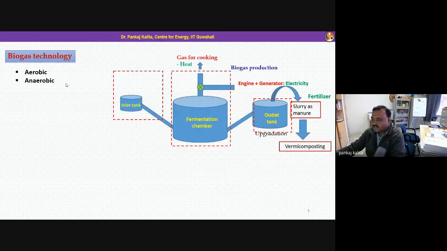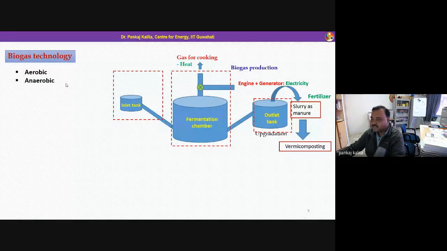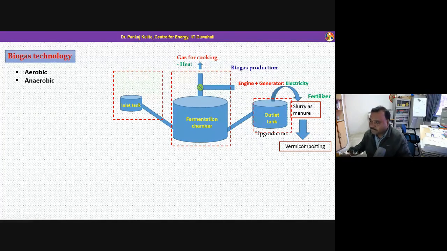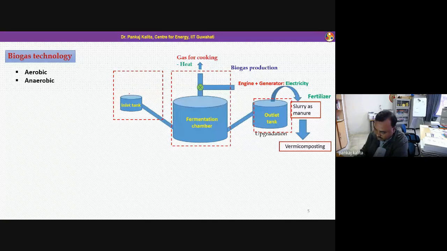So in a nutshell, this biogas plant looks something like this. It will have one inlet tank, one fermentation chamber and one outlet tank. Here we feed material, and there's a pipeline which is connected, and it is injected through this pipeline.